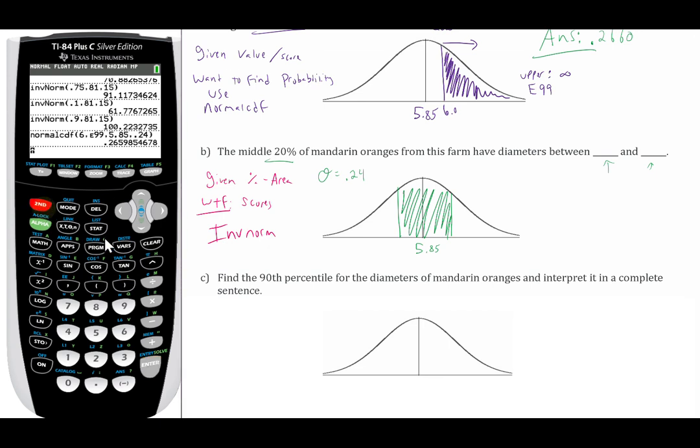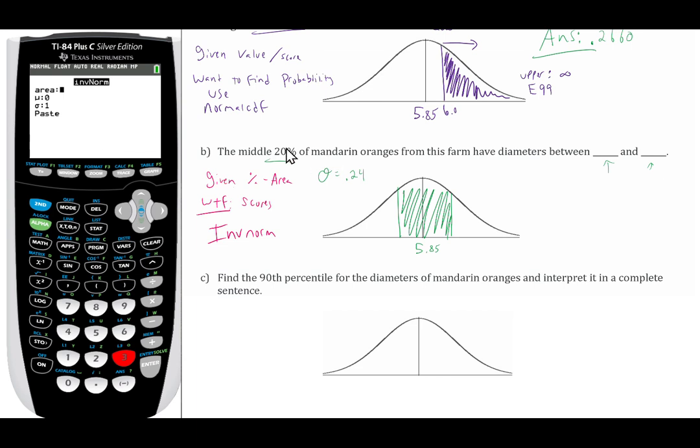So what I was saying just a few seconds ago is that if you have a newer calculator, you also have an option of choosing where you want to shade. If you have that newer calculator, you can type in the area of 0.2 and then choose center. I don't have that option, so I'm just going to get rid of all of this. We need to do a little bit of work just to figure out what is in the tails of this graph.